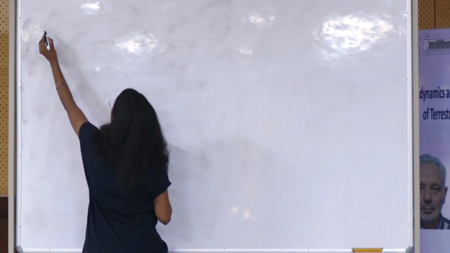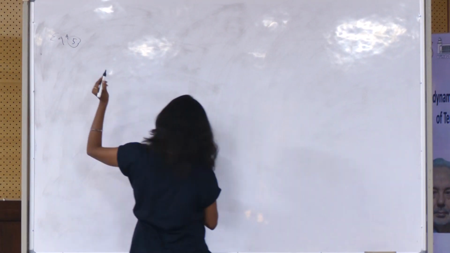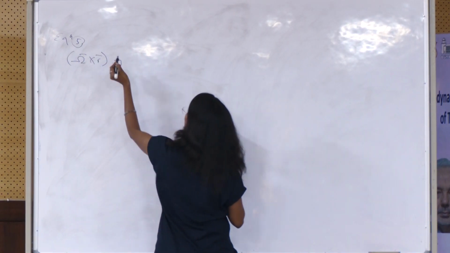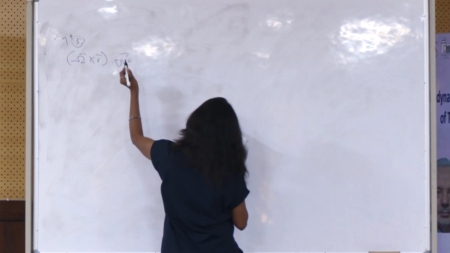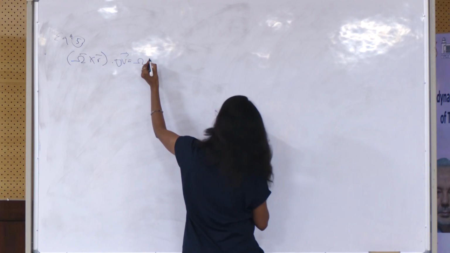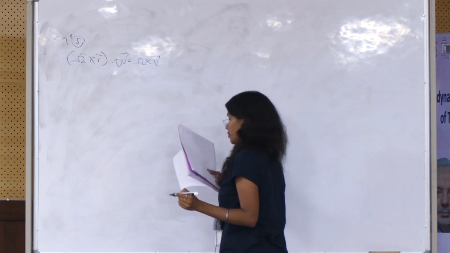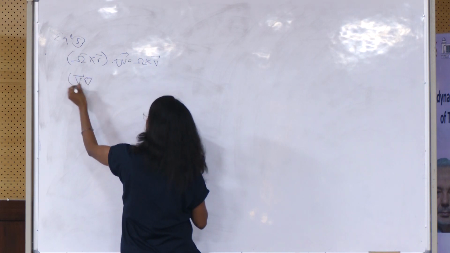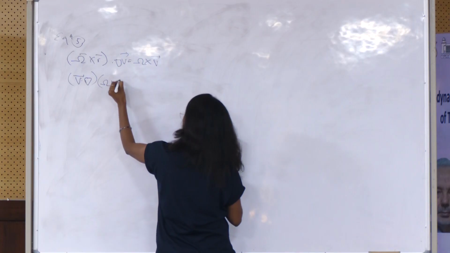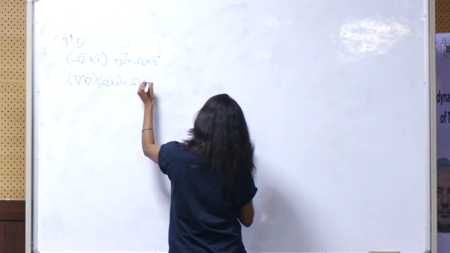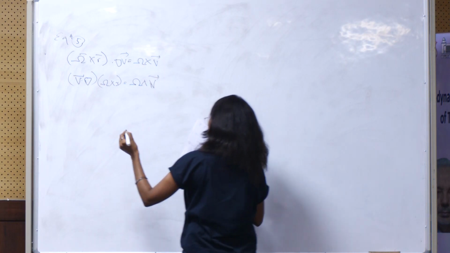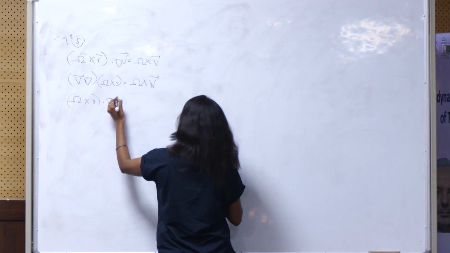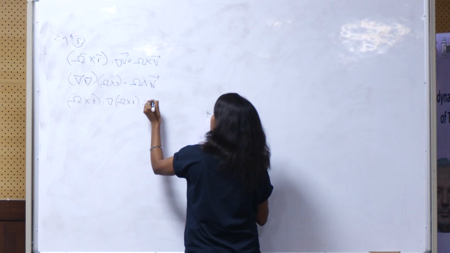From equation 5, omega cross r dot delta v bar, by solving we can write as omega cross v bar, and v bar dot delta of omega cross r equals omega cross v bar. The derivative of omega cross r with respect to t is 0.